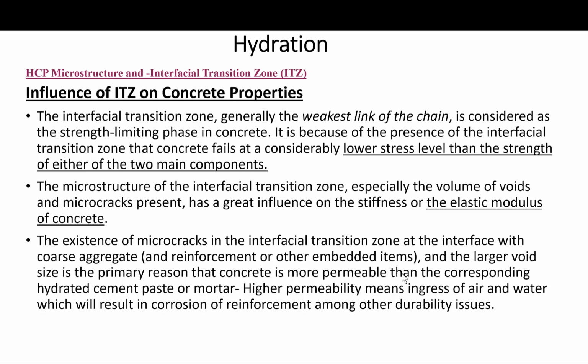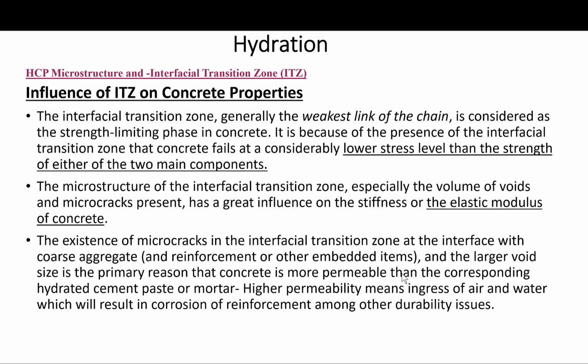Also, the microstructure of the interfacial zone, especially the volume of voids and microcracks present, as I just mentioned, has great influence on the stiffness, or the elastic modulus, of the concrete.